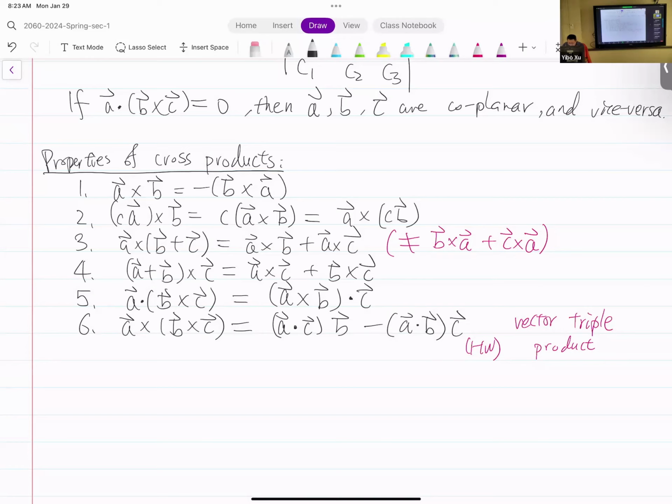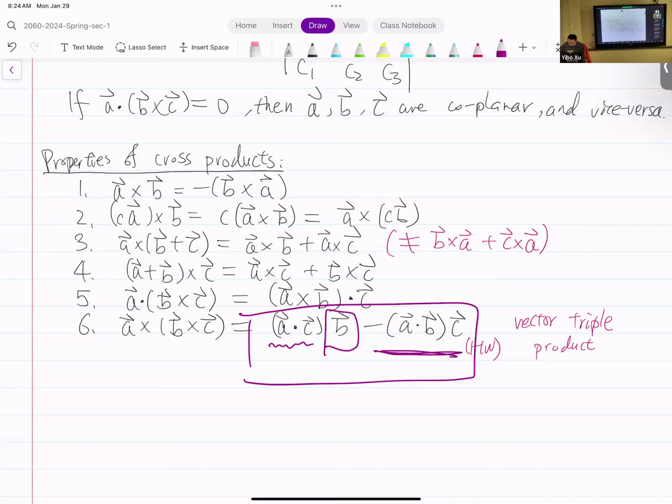Let me see. There's another comment. On the right-hand side, for instance, you will have a vector with 3 components, right? Whenever you have A, B, C with 3 components, this is a scalar which you can easily express, and then you use that to multiply with the 3 components of B. So there's an expression in front of I, another expression in front of J, and a third expression in front of K, right? You do the same to the other expression and then the component-wise subtraction right here.